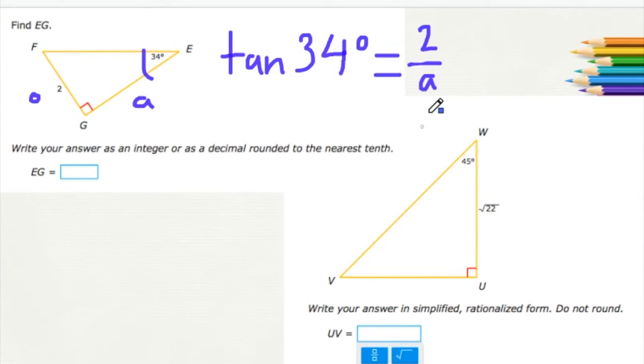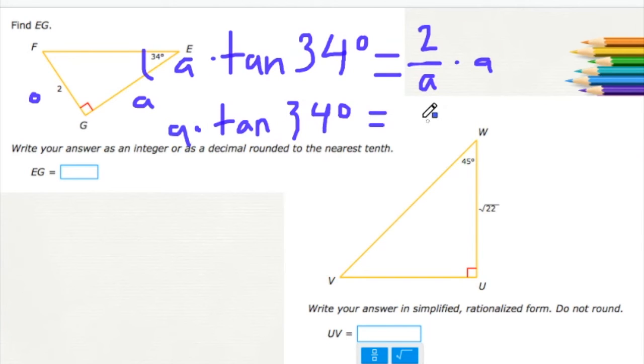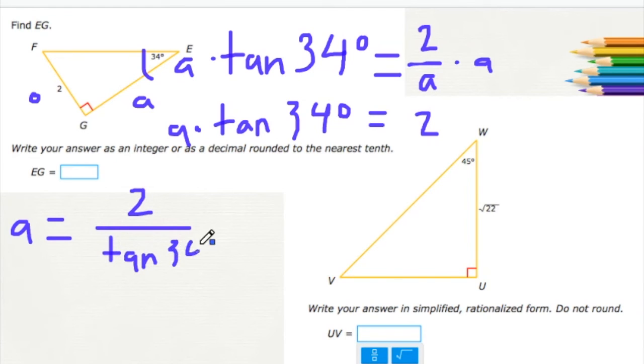Now that we've got that, we just solve for a. Tangent 34 equals 2 over a, multiply both sides by a, and then divide both sides by tangent of 34 to get a all by itself.